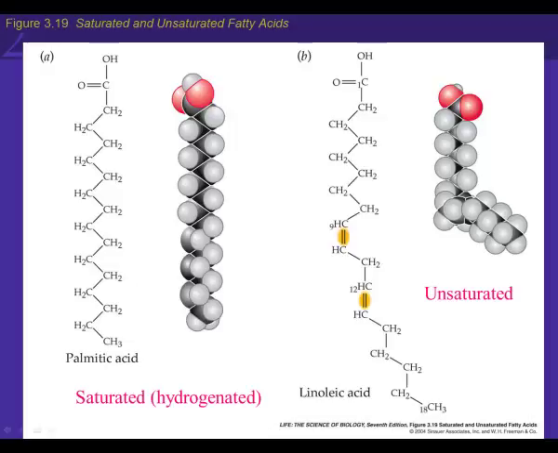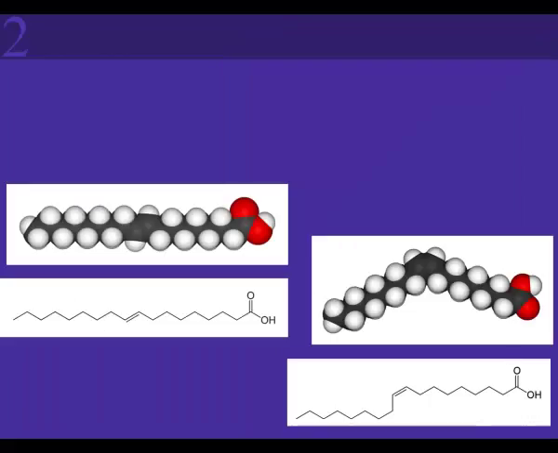In contrast, the unsaturated fatty acids, like linoleic acid, because of that kink in the tail, are actually a liquid at room temperature. So the arrangement of the chemical bonds in these tails of the fatty acids is extremely important.